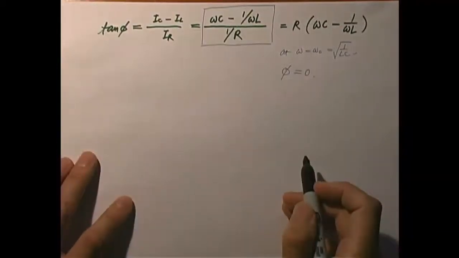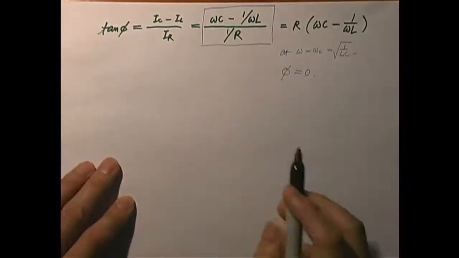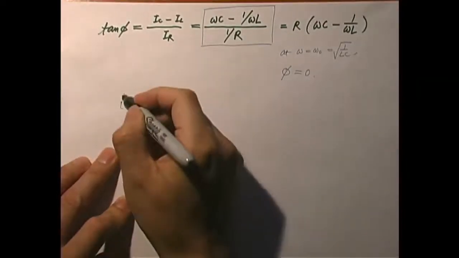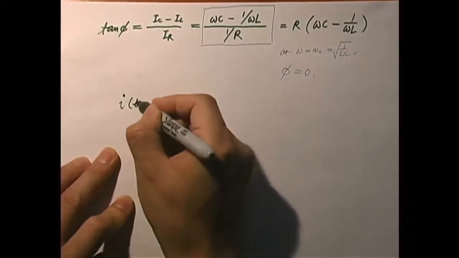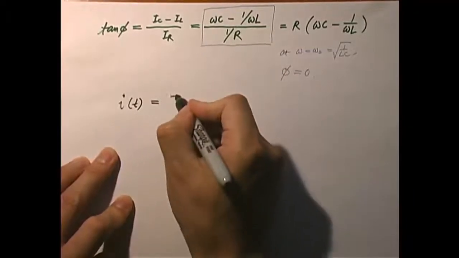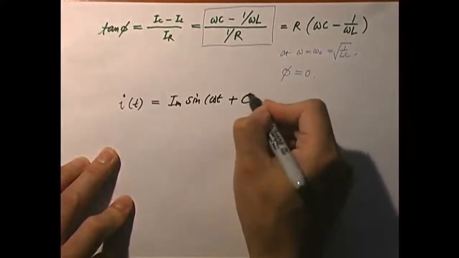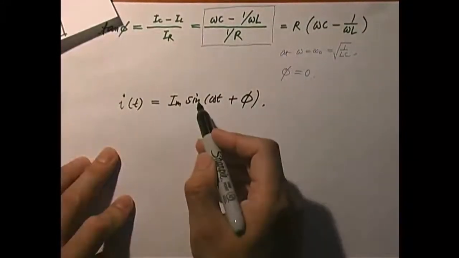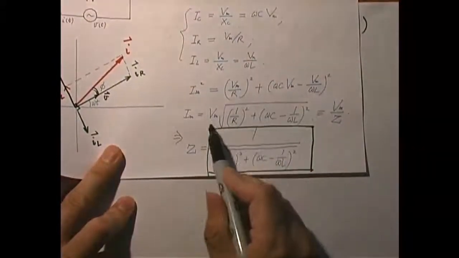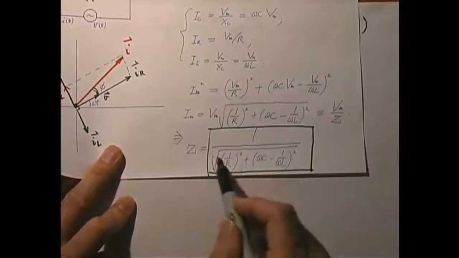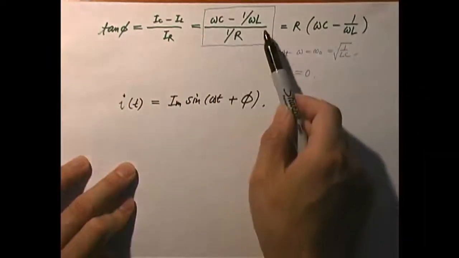Okay, so to sum up the LRC parallel circuit, we find that the resulting current I, in response to the EMF, should go like this: I maximum sine of omega t plus phi, where I maximum is given by the expression we just calculated, V maximum over Z, with Z given by that, and phi given by that expression.